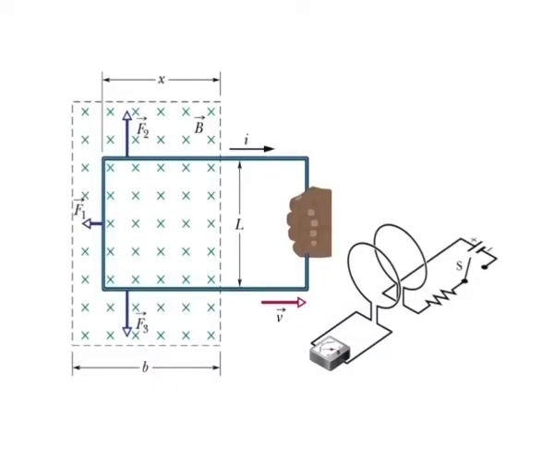Flux change. The situation of the figure on the left does not differ in any essential way from the figure on the right. In each case, a magnetic field and a conducting loop are in relative motion. In each case, the flux of the field through the loop is changing with time.